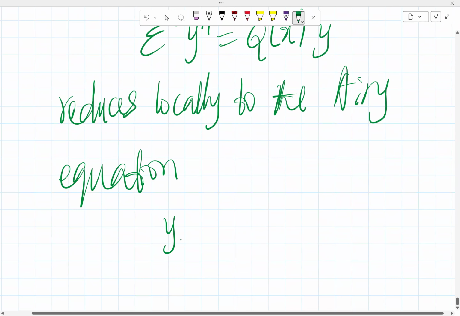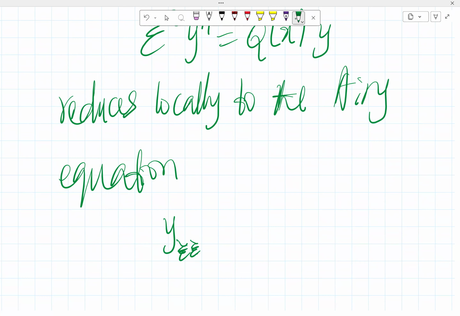That is, d squared y, d psi squared minus psi y equals 0.